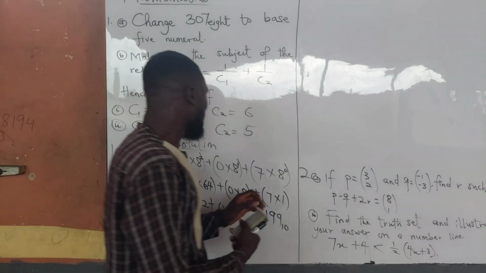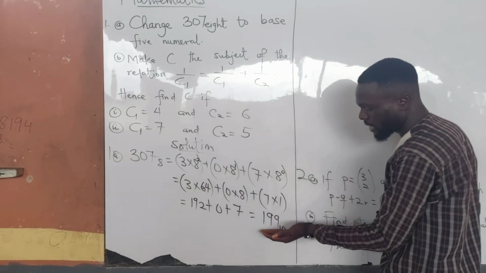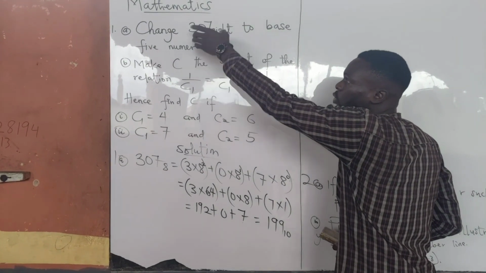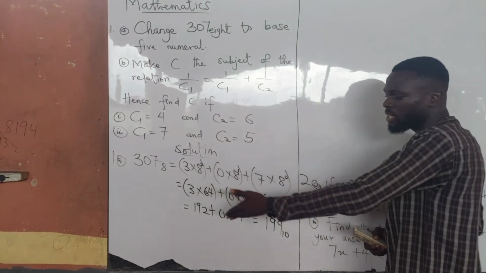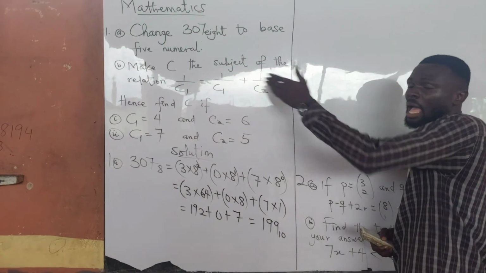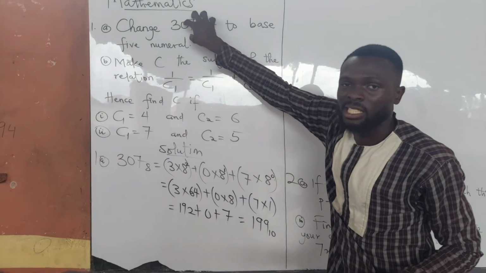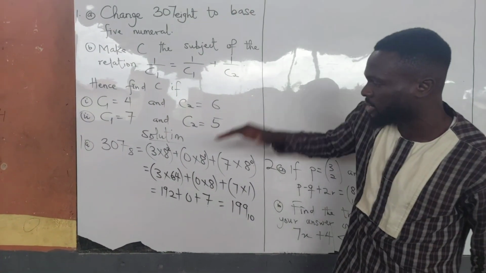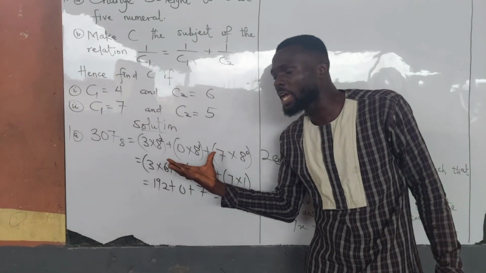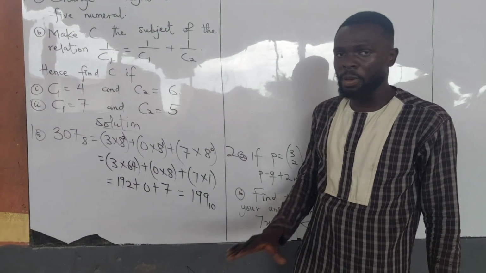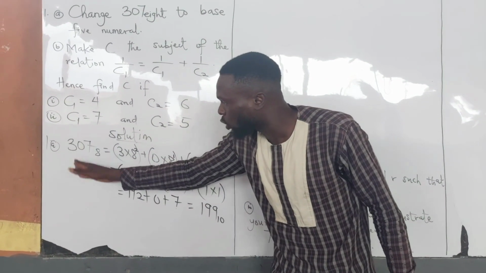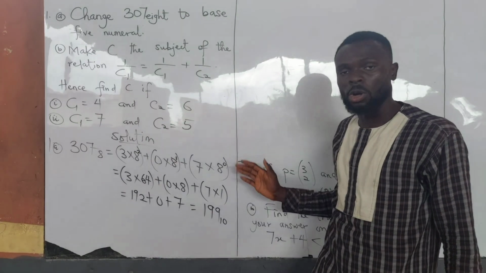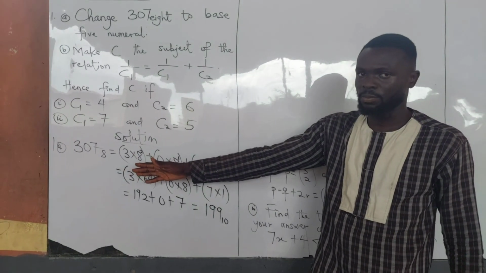After changing base 8 to base 10, you can now change base 10 to the required base, which is base 5. But you cannot just change base 8 to base 5. No. You have to first change base 8 to base 10. And this is how you change any given base to base 10: by multiplying each of the digits by the base, then you power the bases from your right to the left.